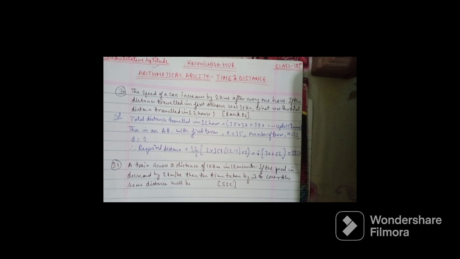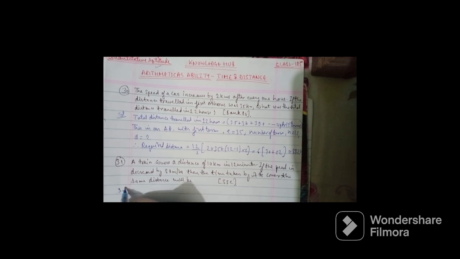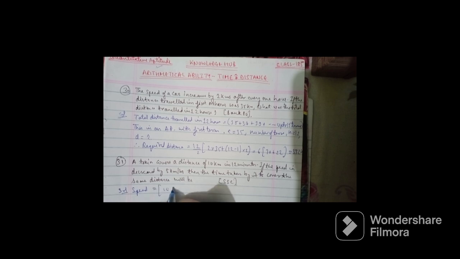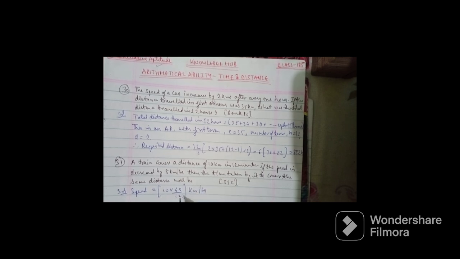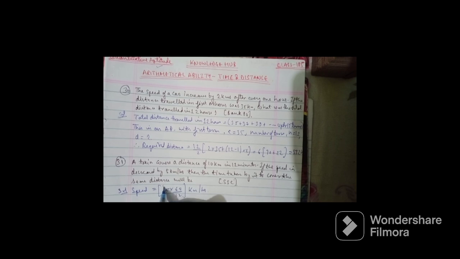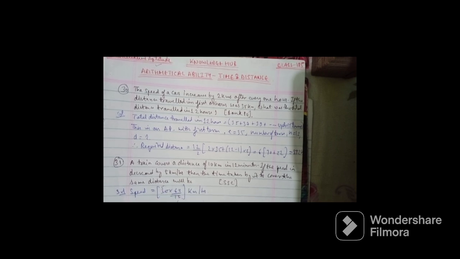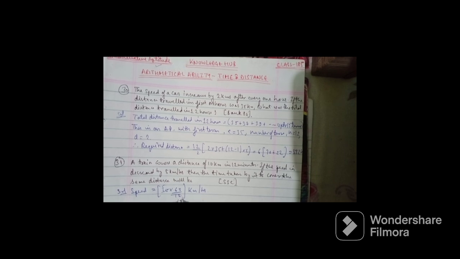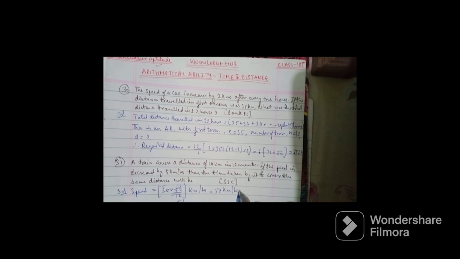Speed equals 10 divided by 12 by 60, which works out to 50 kilometers per hour.